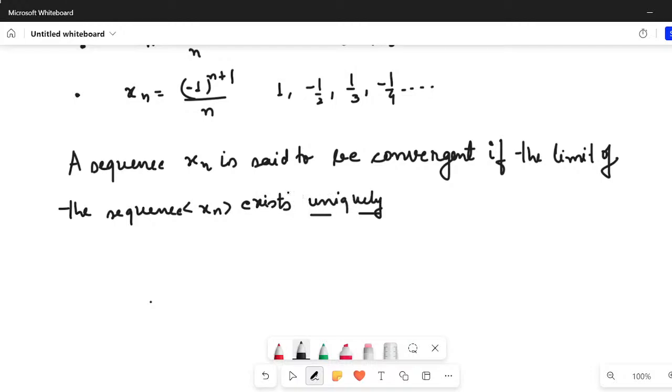By which I mean that the limit as n tends to infinity of xn must be some unique limit, let us say L. If this is the case, then I will say that my sequence is convergent.